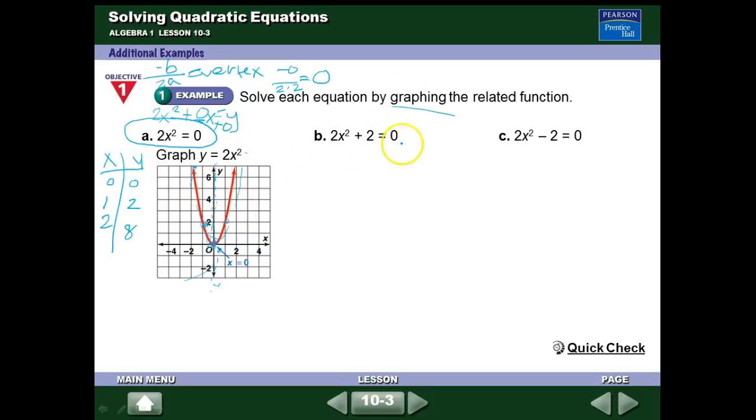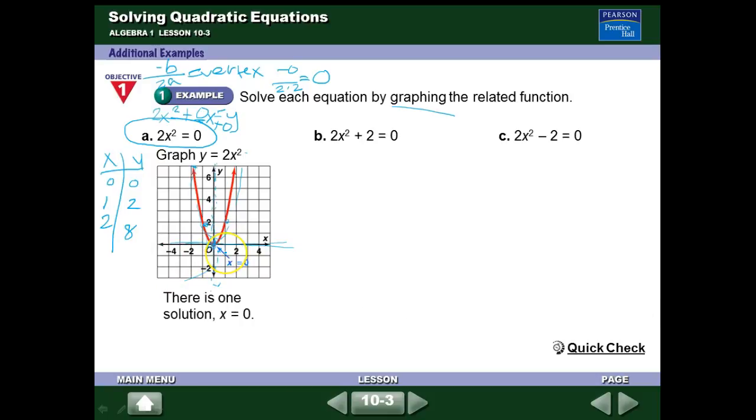Now, since we are solving this by graphing, understand I called this the zeros of the function. So how many times does my graph hit y equals 0 here? Well, it hits 1 time.